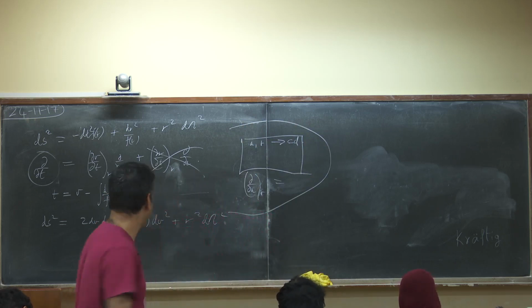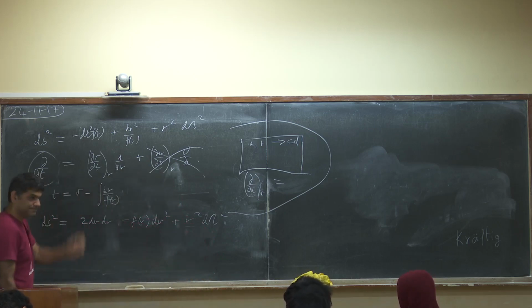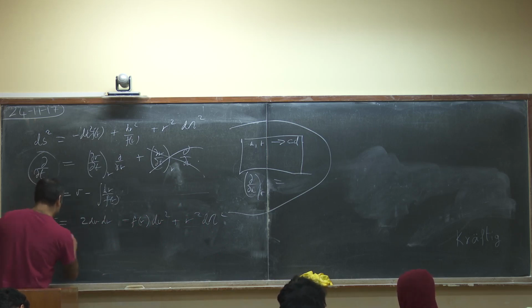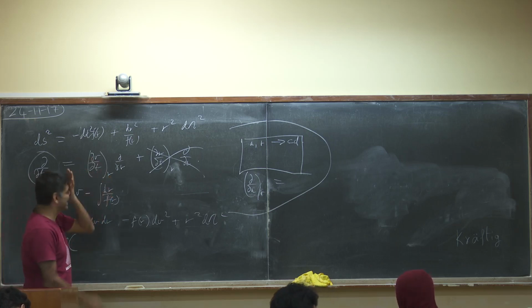Now let us look at what this vector d by dv is. d by dv is the vector that is 1 in the v direction, upper indices, and 0 everywhere else.